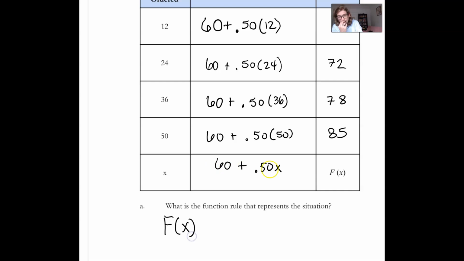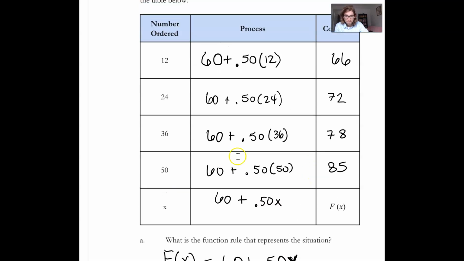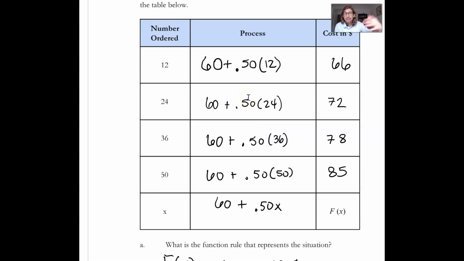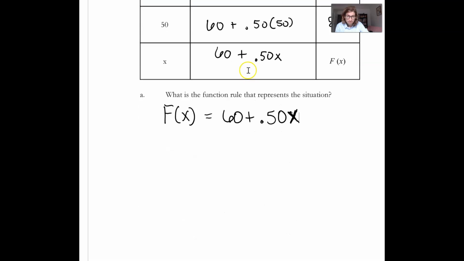What is our rule? Our rule is that one with the x. It's our $60 one-time fee plus 50 cents times every rose. And when we don't know how many roses we're buying, we write it with X. So these tables are going to help us start developing our way to write functions.